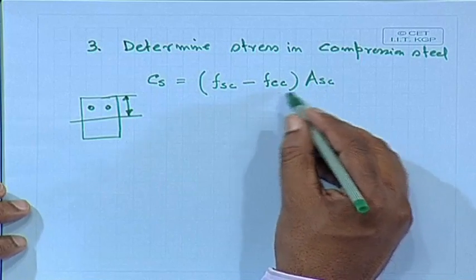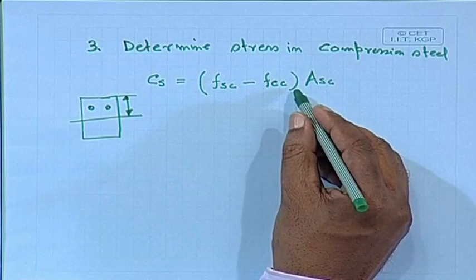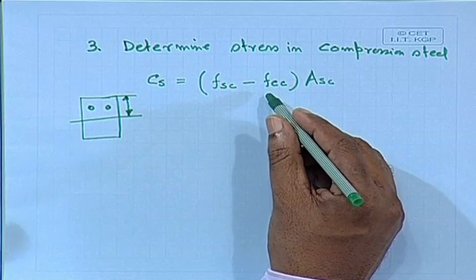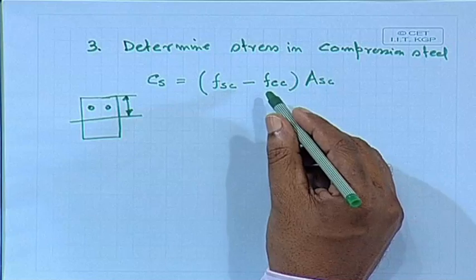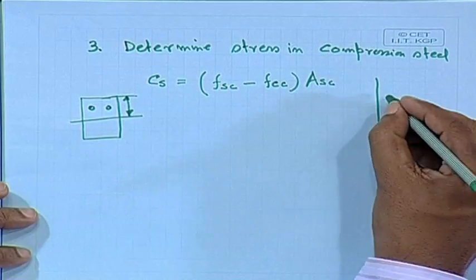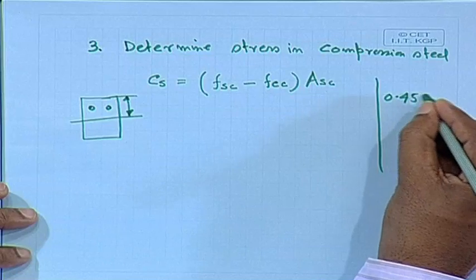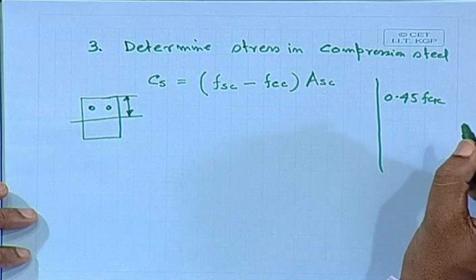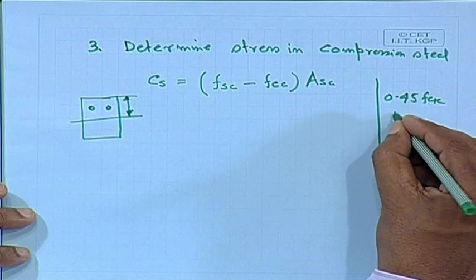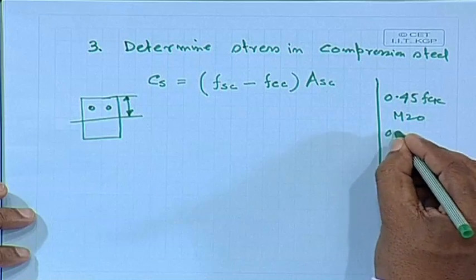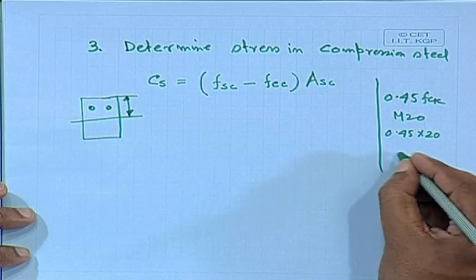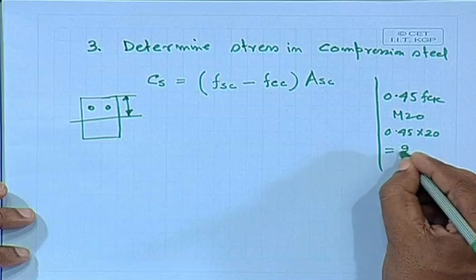However, we can neglect this Fcc because it is very, very small. If we take M20 grade of concrete, 0.45 fck is 0.45 times 20, which comes to 9.